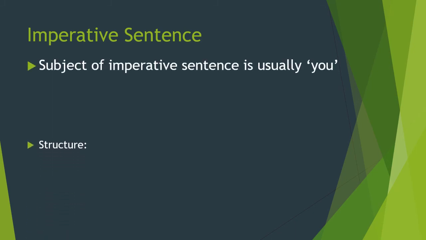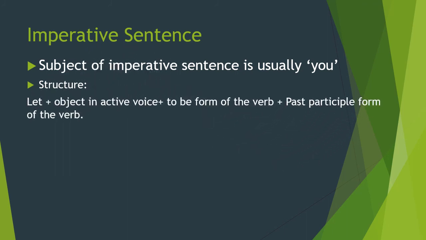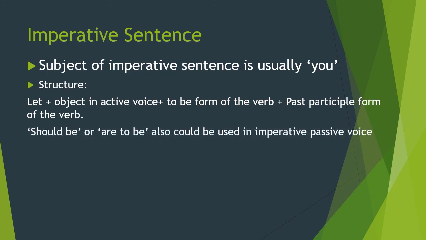Let us learn the structure of the imperative sentence: let plus the object in active voice plus the to be form of the verb plus the past participle form of the verb. Should be or are to be could also be used in imperative passive voice.